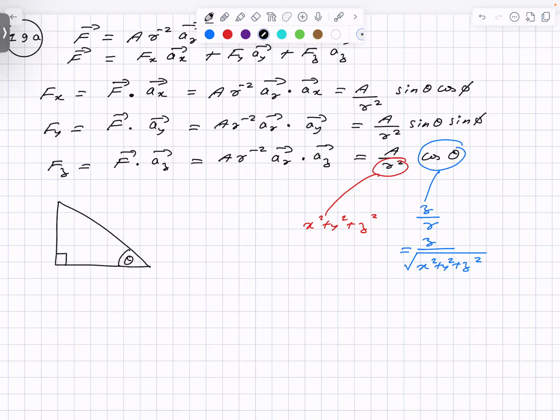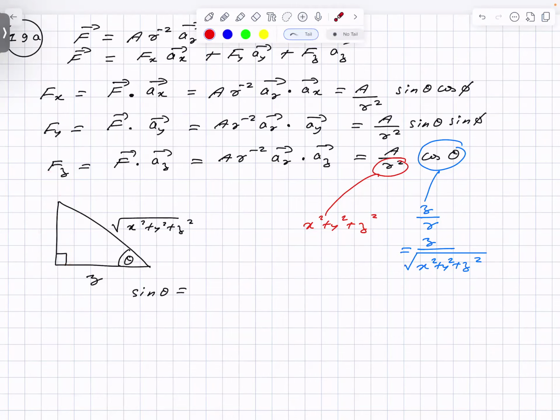And since the ratio we have is z over r, that's our base over hypotenuse. Base is z, and hypotenuse would be that. Once you draw this triangle, you can easily see that sine theta would be the perpendicular over hypotenuse. And using the Pythagoras theorem, we can get the length of the remaining side as well.